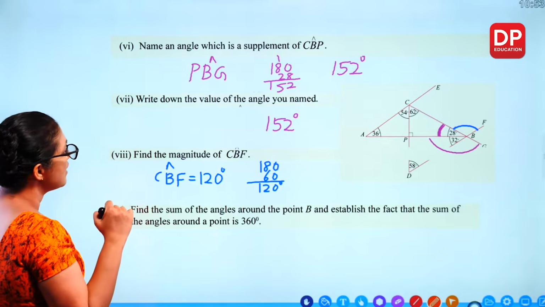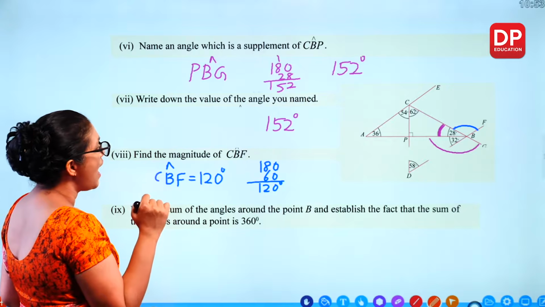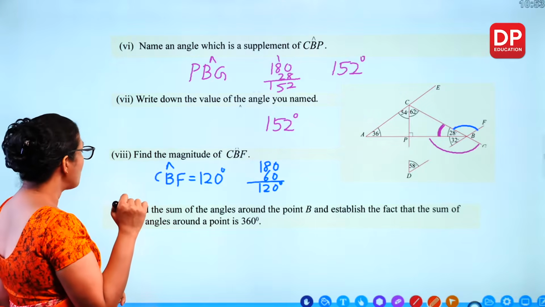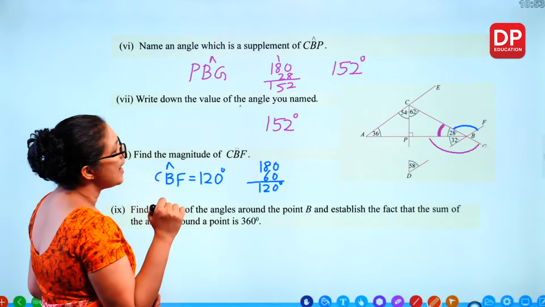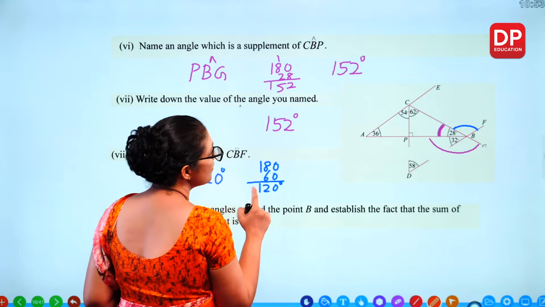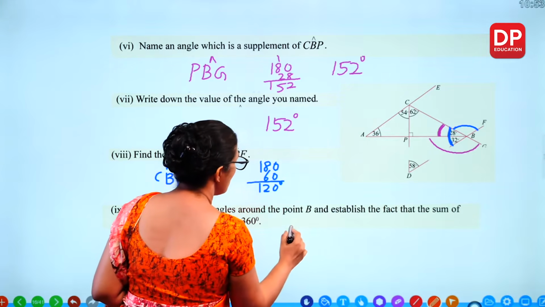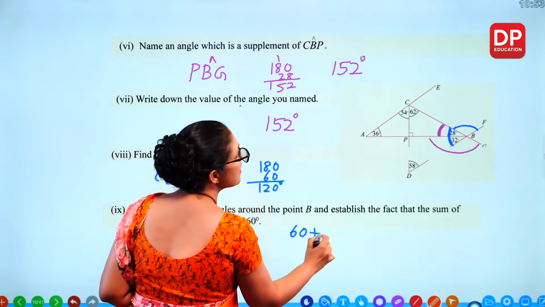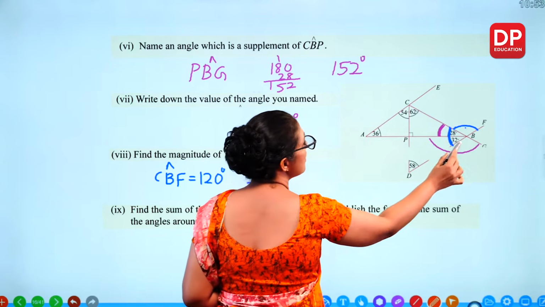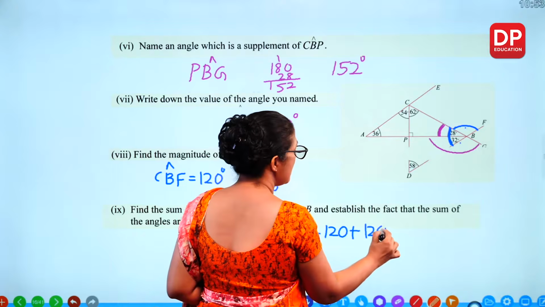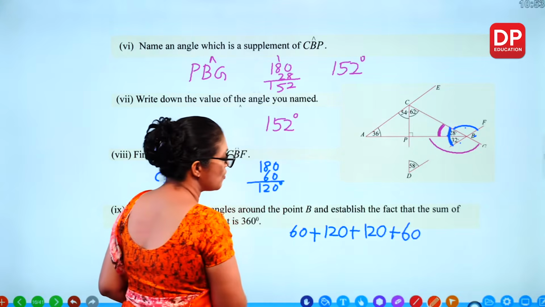Find the sum of the angles around the point B and establish the fact the sum of the angles around a point is 360. So we'll add it and see. We found this is 60. So 60 plus, we found this is 120, and here also 120, and here vertically opposite angles are equal, we found 60.